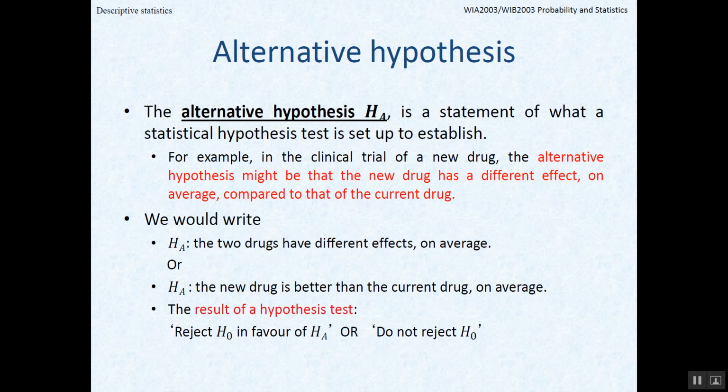If you do not reject your null hypothesis, that means your test says there is no evidence of a relationship in what you were testing in the alternative. That means the alternative is not true, or there is not enough proof to say that the alternative hypothesis was true.